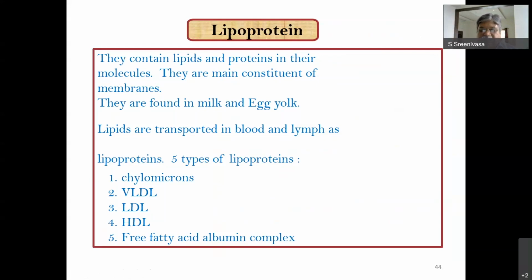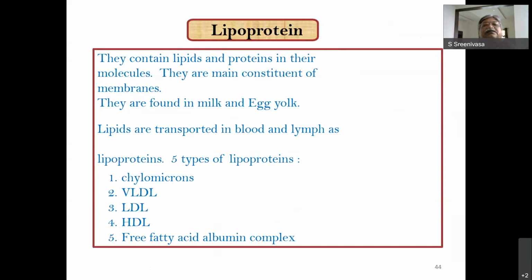The percentage of lipoprotein increases in case of diabetes and arthritis. If any person has diabetes or arthritis, the lipoprotein content increases.